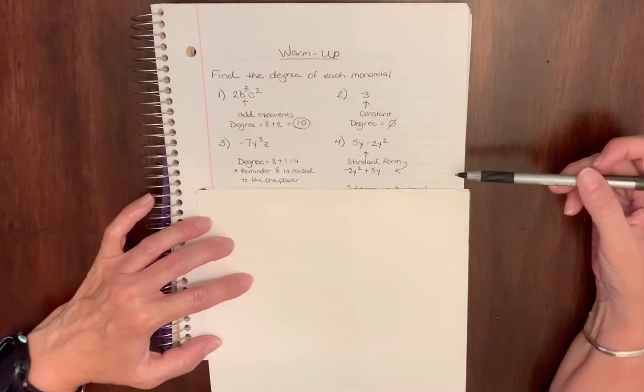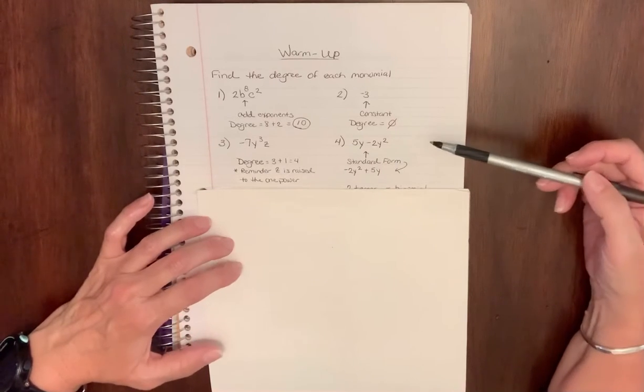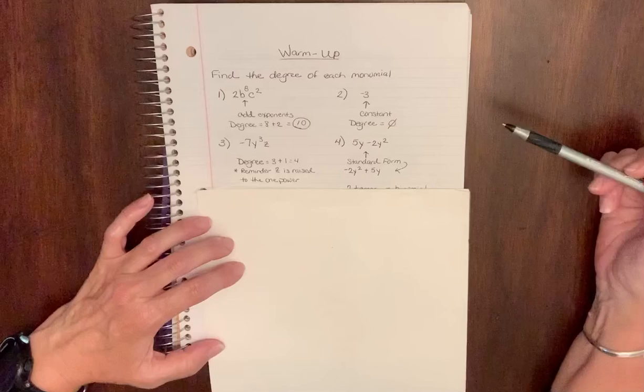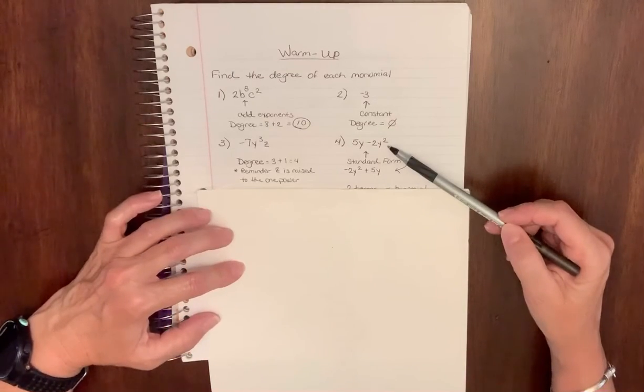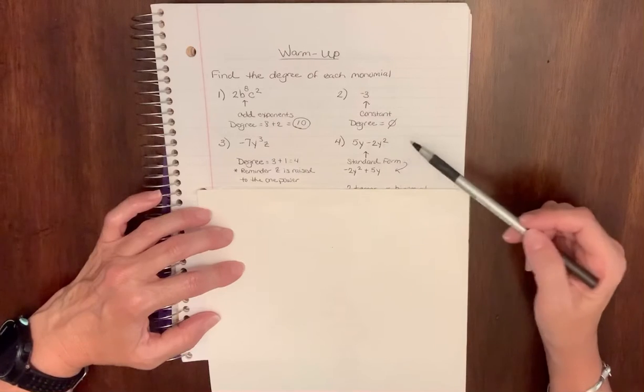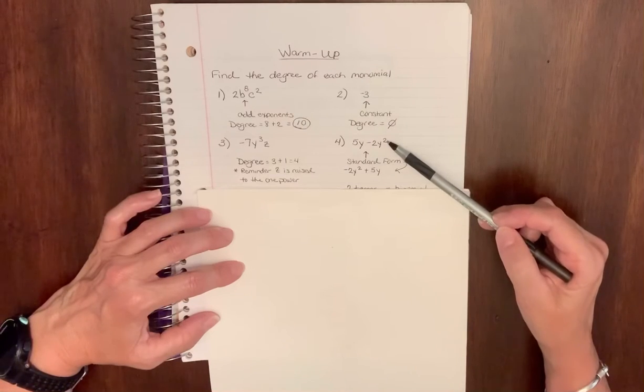Beginning with problem 4, you were to rewrite the expression in standard form, and then you were to name the degree and number of terms. So in number 4, I can tell that this one is not in standard form, and the reason why it's not is because we have an exponent of 1 here, but an exponent of 2 here.